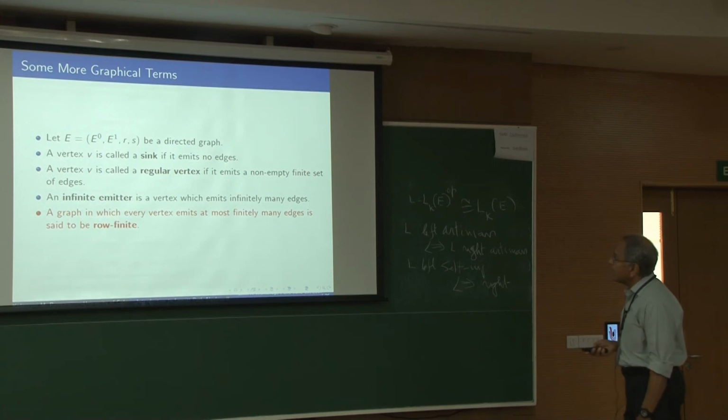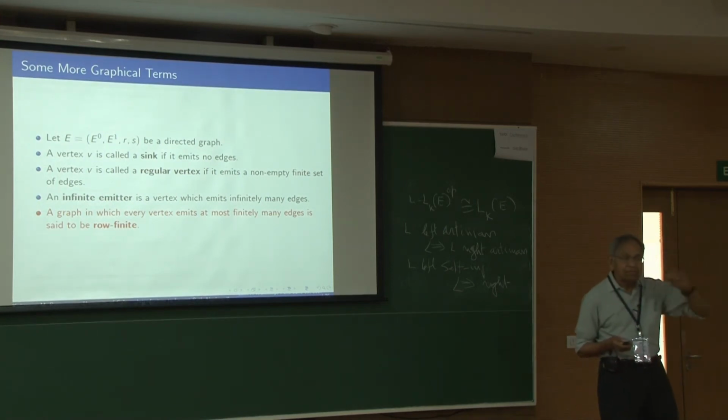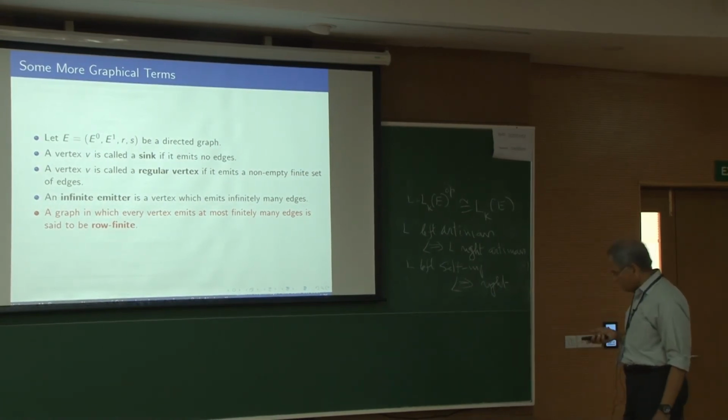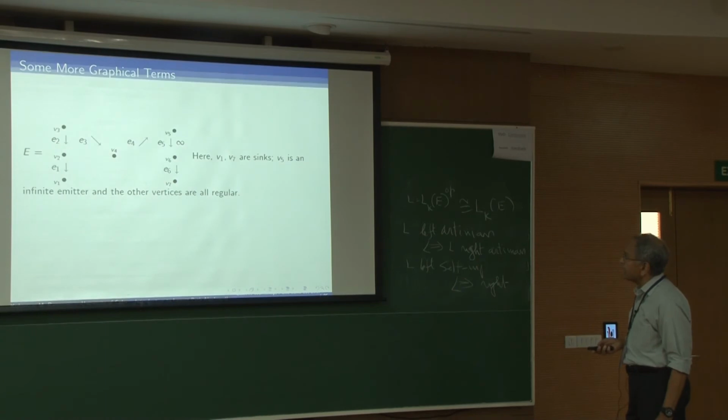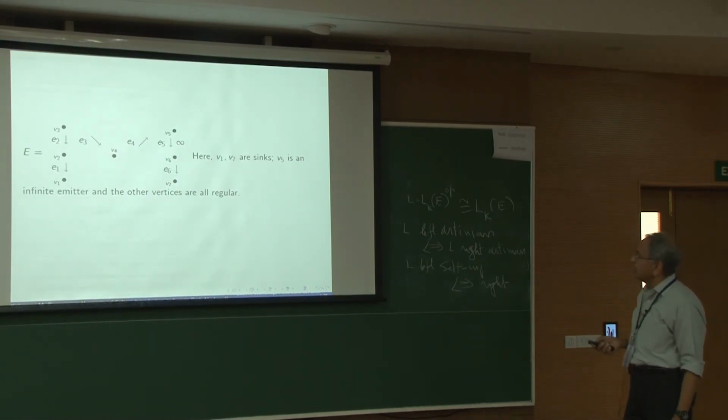And if we have a graph where every vertex emits at most finitely many edges, we call it a row finite graph. Okay? A quick run through some examples here. So look at this graph.